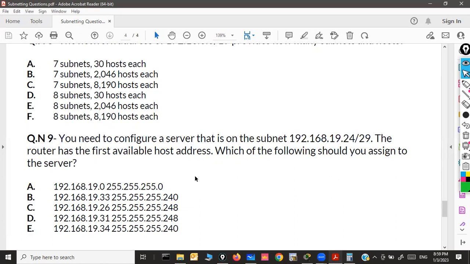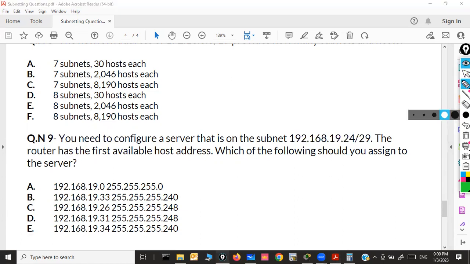So I have a question in here. Yeah, sure. If the router has the first available host, I can assign the server the second, or third, whatever. Second or maybe third or maybe fourth. Yes. So let us assume that you have computed a range of IP, hypothetically, from 1 to 62.